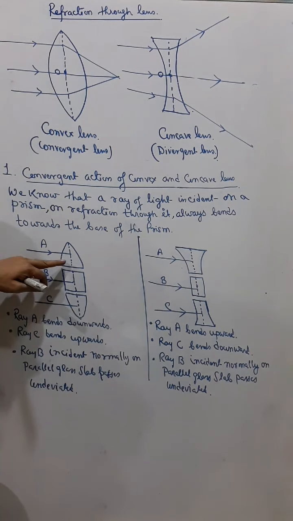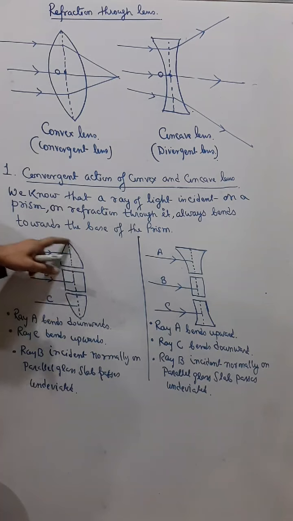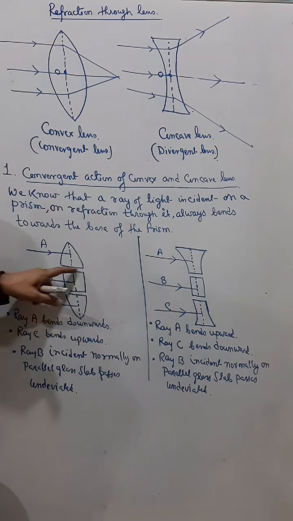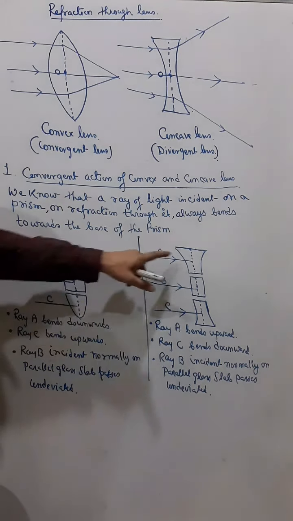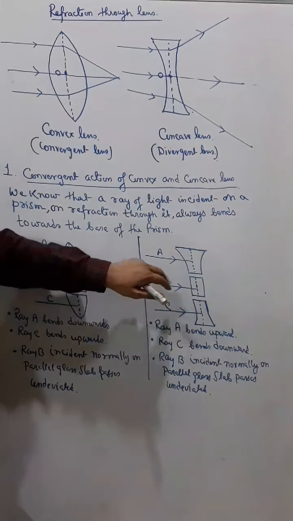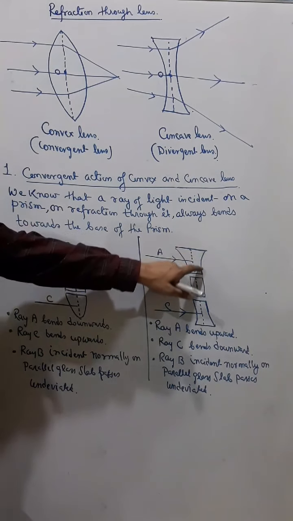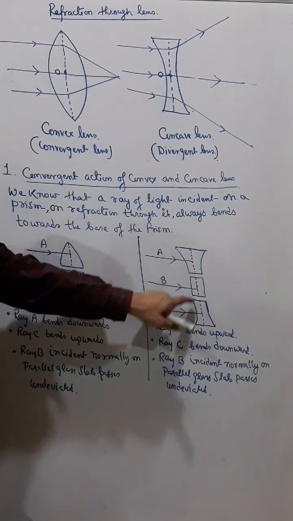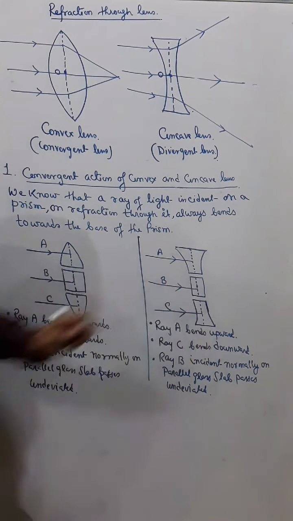Just imagine in these three parts, and you can see this upper part is a prism. This is a glass slab and this is a prism, and in this case also you can see this upper part is a prism, this is a glass slab, and this is another prism.